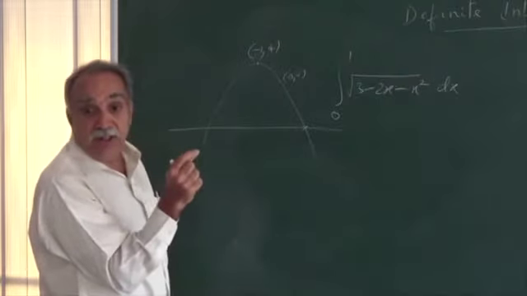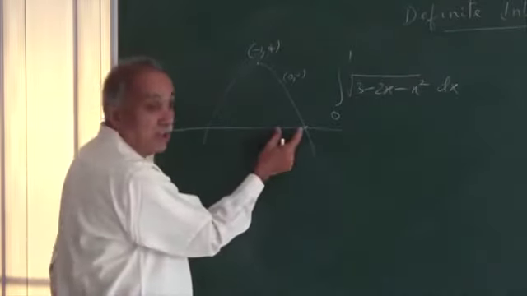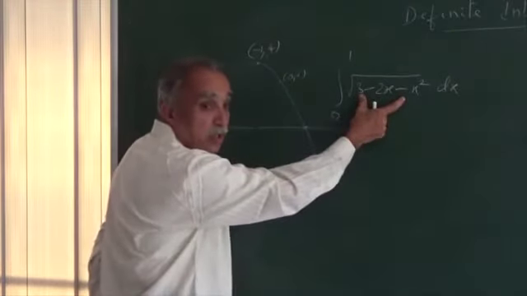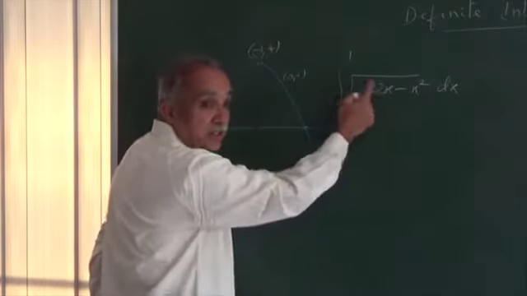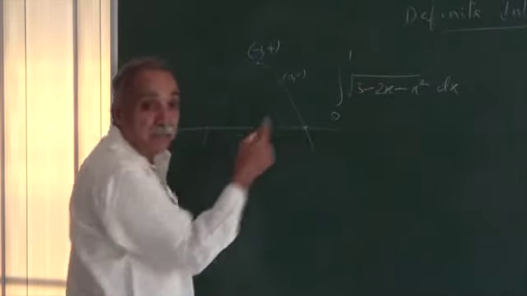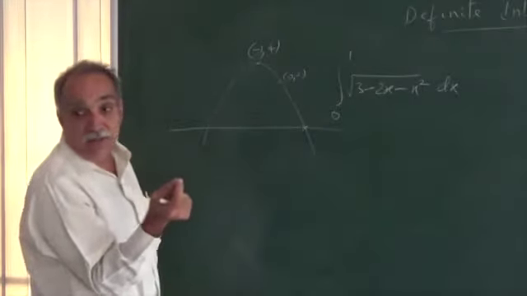There will be no meaning in finding the value of the definite integral. As far as this interval 0 to 1 is considered, the expression remains non-negative. So there is a meaning in evaluating the square root, performing integration and also obtaining the value of the definite integral.